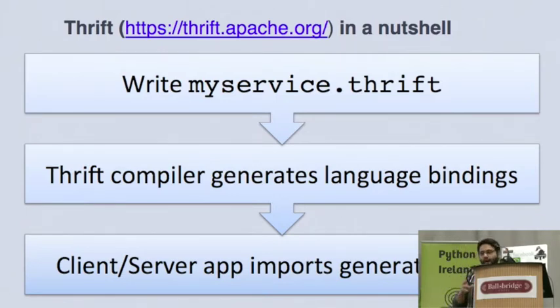After you do that, you can run the Thrift compiler, which generates language bindings for many languages, like C++, Python, Go, PHP, Haskell, D, whatever. So it generates code that you can embed into your client or server and just import it and use it to send commands around from a client to a server.